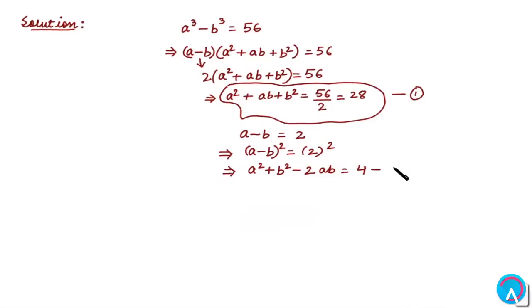This is our equation 2. And this implies, writing beneath this our equation first, a square plus b square plus ab equal to 28.